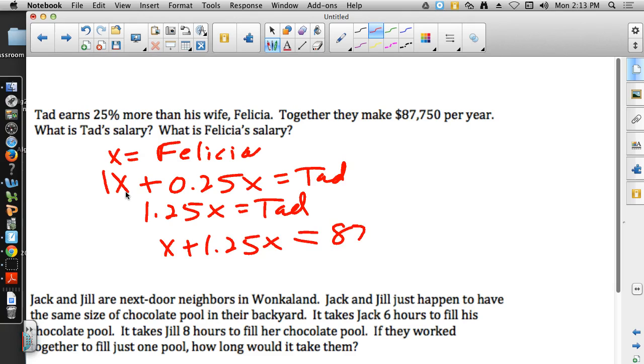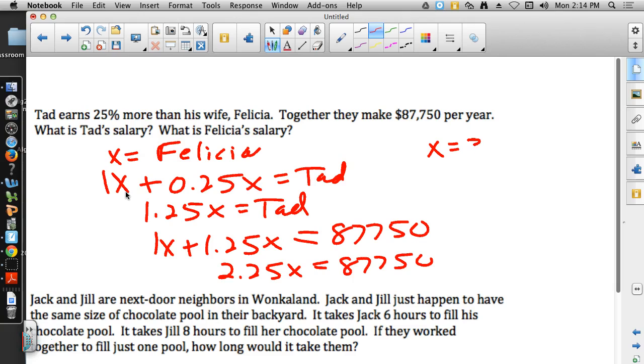We also know that together they equal $87,750. So 1x plus 1.25x will be 2.25x. And then we can do a little division and we will have Felicia's earnings. And from that, we will be able to figure out what Tad makes. So 87,750 divided by 2.25 is $39,000.